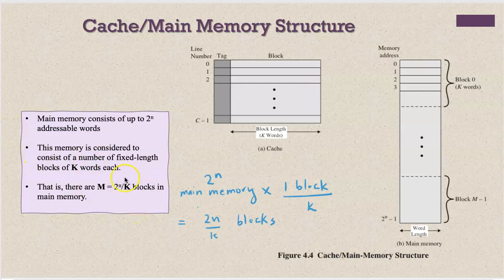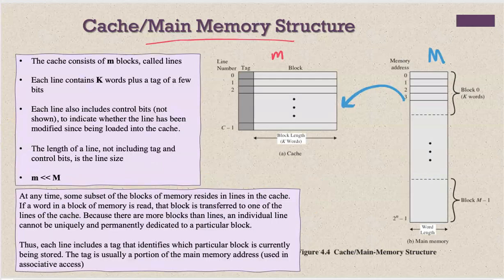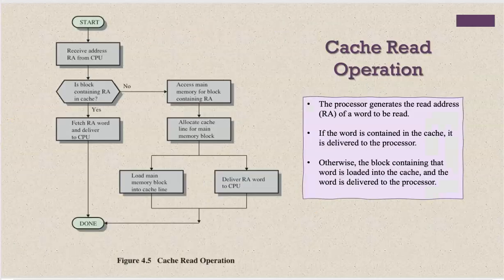Or you can just write capital M equals 2^n over k. Now what is n? n is the total size of the memory, and k is the number of words per block. Alright, so we have gone through this one.